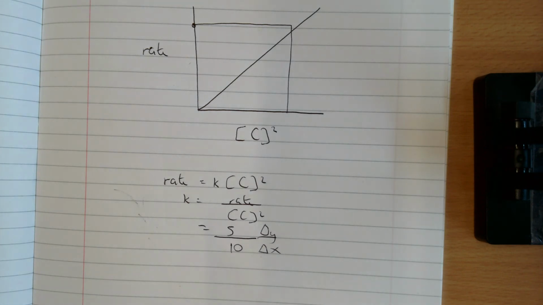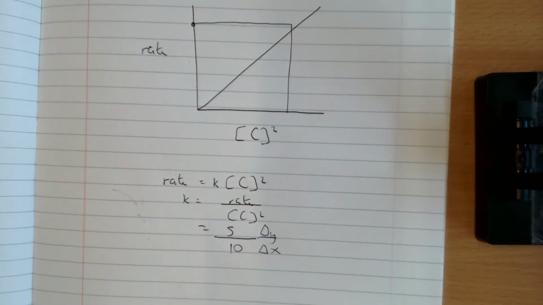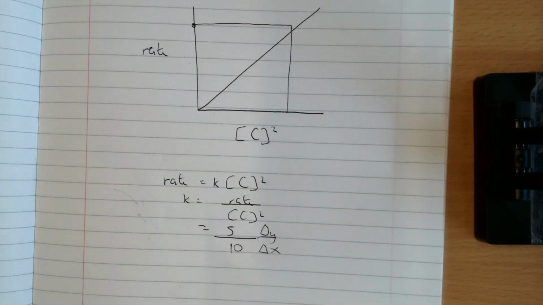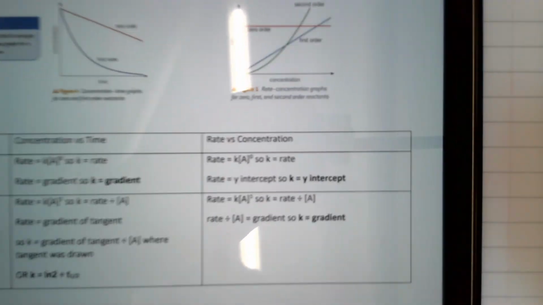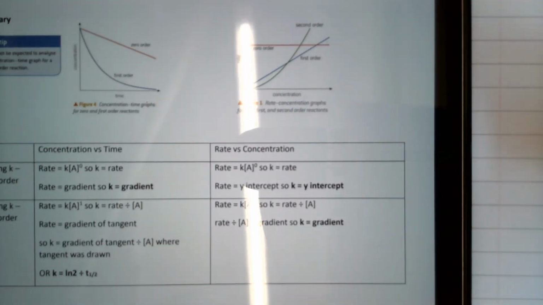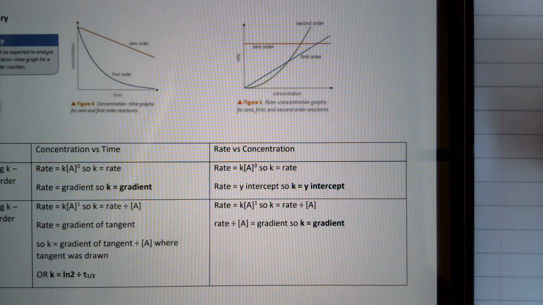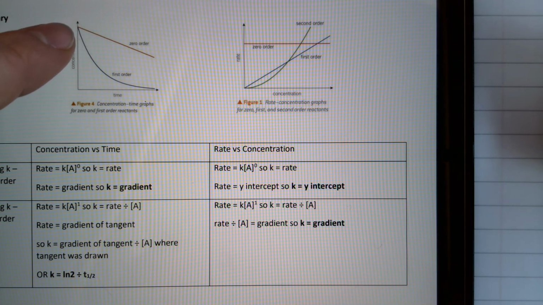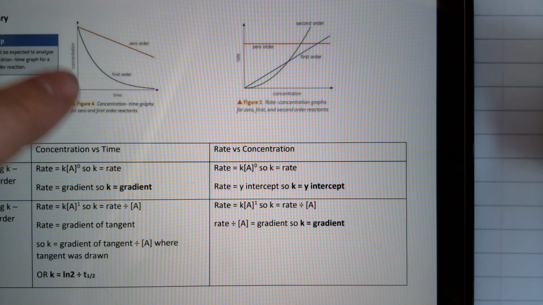The main thing with these graphs is that you look at the axes before you dive into the questions. We've looked at two different types of graph: concentration-time, and rate-concentration. I've got a little summary here where all the graphs are side by side. When you had your concentration-time graphs, you have that shape for 0, that shape for first.